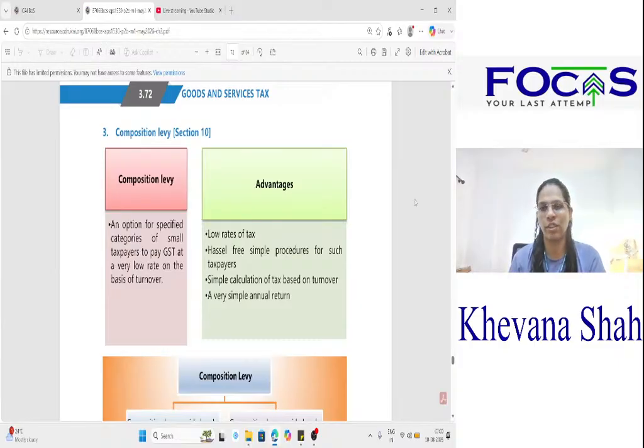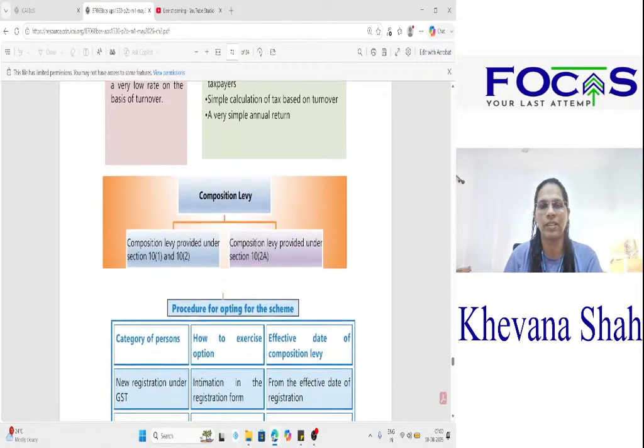So whatever is your turnover, on that only we are applying certain rates. So this makes your calculation also simple, unlike the regular scheme wherein for each supply, you are applying your GST rates and accordingly calculating your taxes. Now, this also has a very simple annual return. See, because all the compliances are lesser, even for this annual return, the compliances are less.